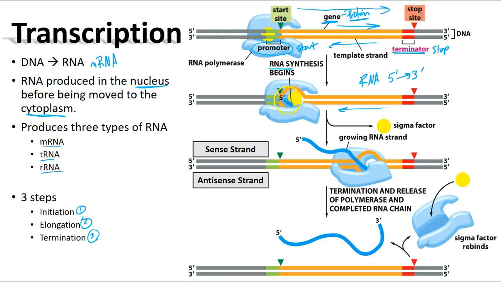And so we can't use this top strand going left to right, or we would be making our new 5' to 3' RNA strand in the exact same direction as our top strand. It would be 5' to 3'. So we would be basically using the DNA strand this direction and building an RNA strand in the same direction. That is not anti-parallel, so that is not correct. We cannot use this top strand.